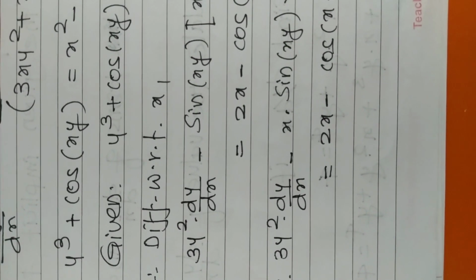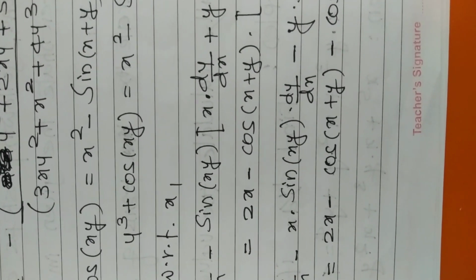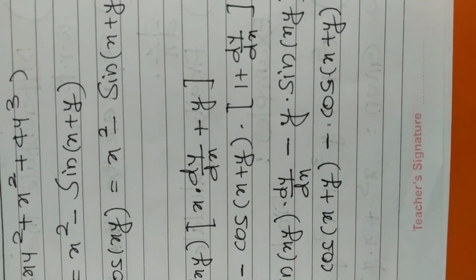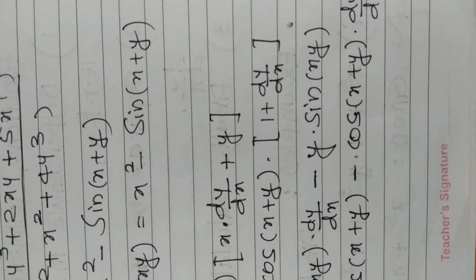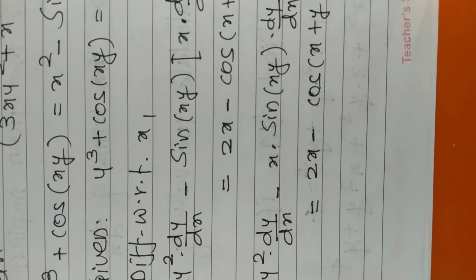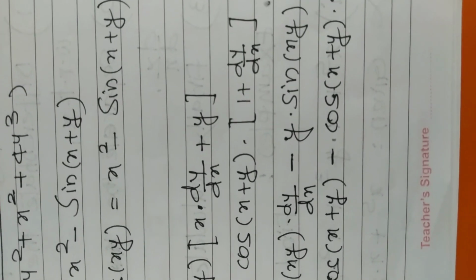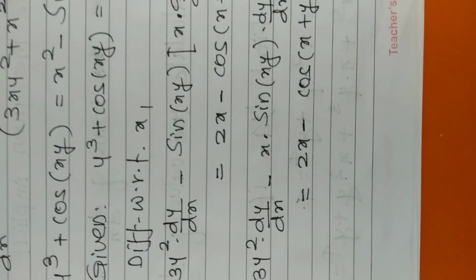So 3y square into dy by dx minus sine of xy, and as a composite function the derivative of xy we consider using the product rule, x into dy by dx plus y, equals 2x minus cos of x plus y into 1 plus dy by dx.